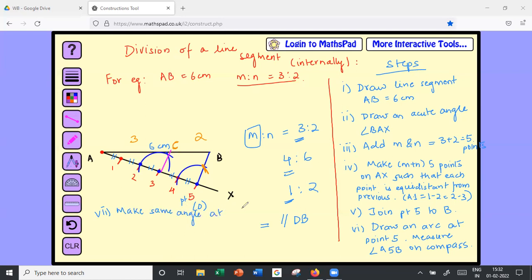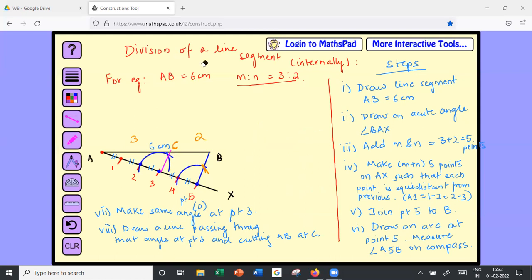Make same angle at point 3, right? 8th point would be draw a line passing through that angle at point 3 and... right?